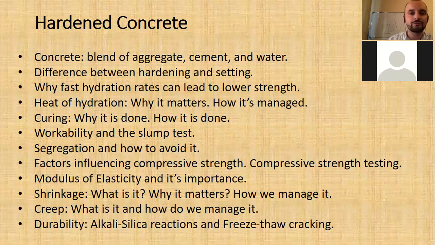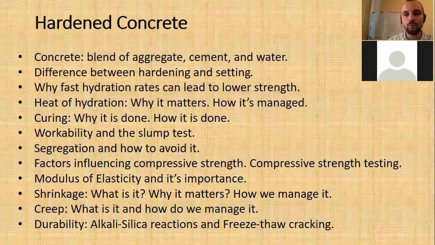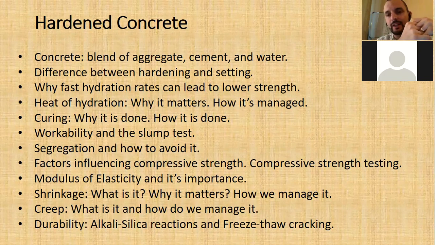And so the hydration rate is all about how fast this happens. But the issue is that a fast hydration rate can lead to lower strength. Why is that? Well, if it's reacting quickly, generally it doesn't give time for water to come into contact with cement.